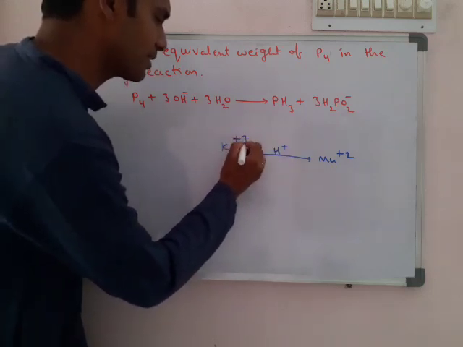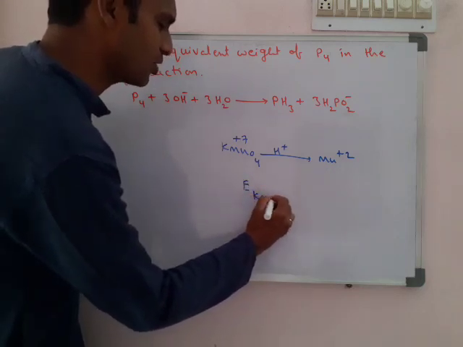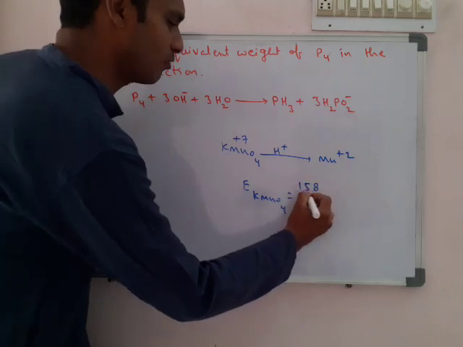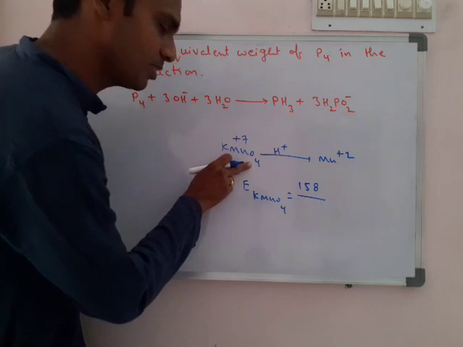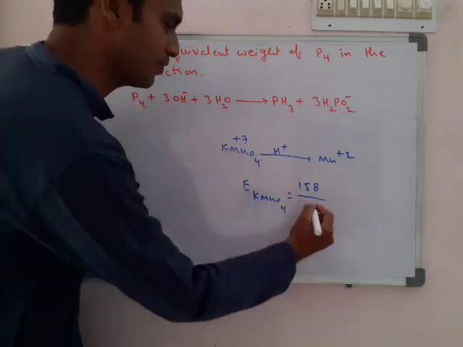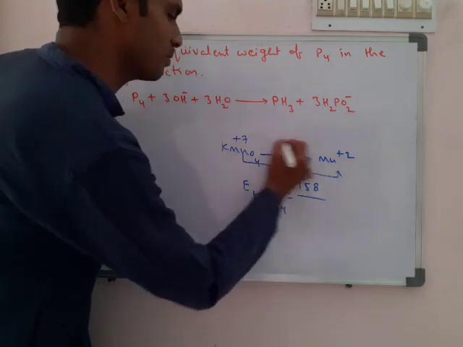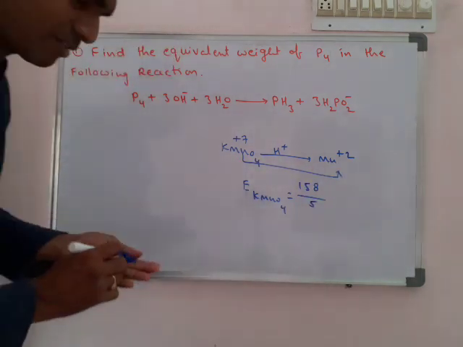Manganese changes from +7 to +2. So how do we calculate the equivalent weight of potassium permanganate? KMnO4 molecular weight is 158: potassium 39, manganese 55, oxygen 16 times 4 is 64. 158 divided by the change in the number of electrons. +7 to +2 means change in electrons is 5. So divide by 5. The system is very simple.